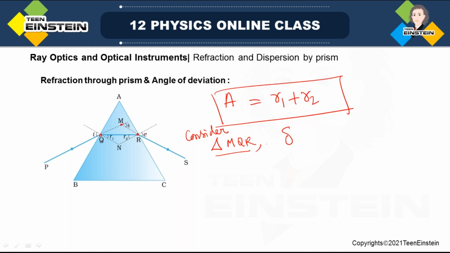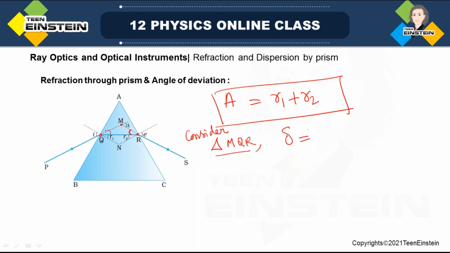Delta is the exterior angle. So exterior angle will always be the sum of the interior angles, right? Interior angles, so this angle and this angle.